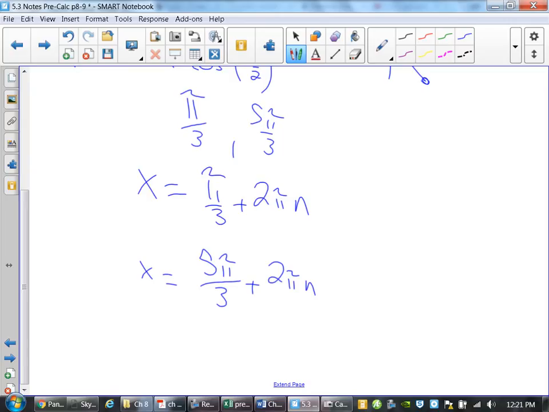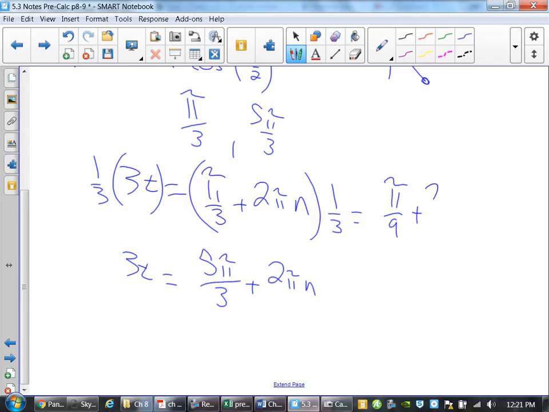Wait, there's more. What does x equal? 3t. So instead of this, I have 3t equals this. So what do I do with the 3 then? Multiply both sides by 1/3. So this becomes, distribute the third to both parts, you get pi over 9 plus 2 pi over 3 n.